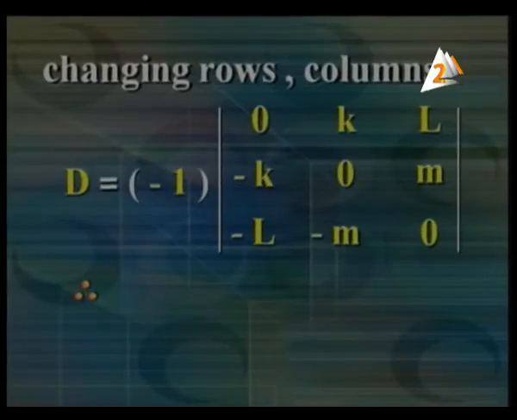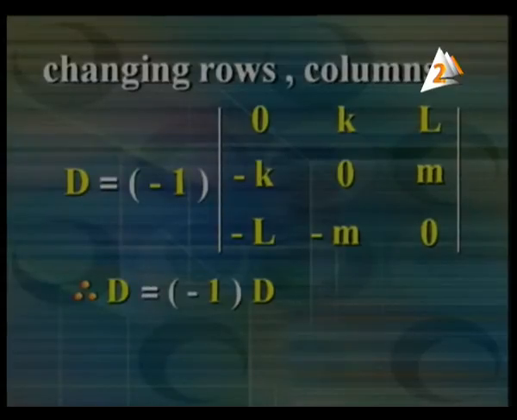Look, dear student, we change rows and columns, all rows and all columns. The determinant becomes negative 1 multiplied by the determinant 0, K, L; negative K, 0, M; negative L, negative M, 0.